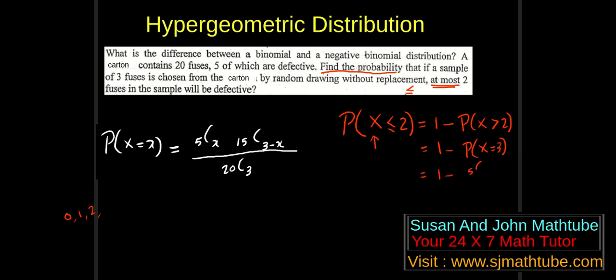So that will be 5C3 multiplied by 15C0, the whole divided by 20C3. Now use a calculator, and the answer is 0.9912. Okay, so that's it. So I hope you understood when and how to use the hypergeometric distribution.